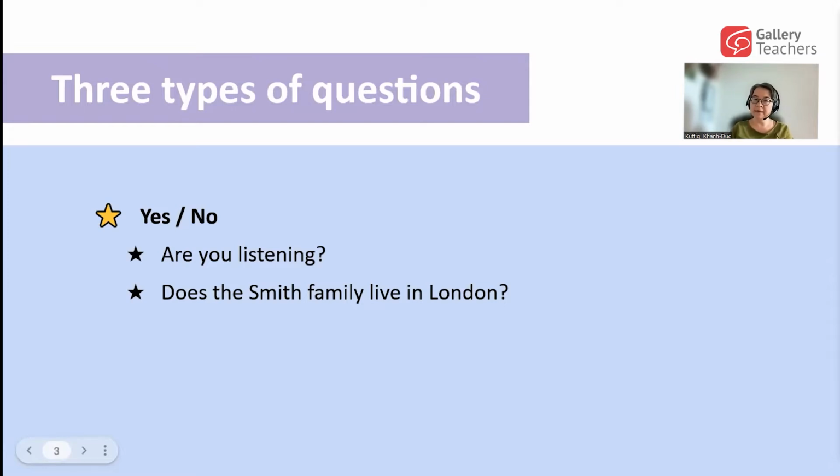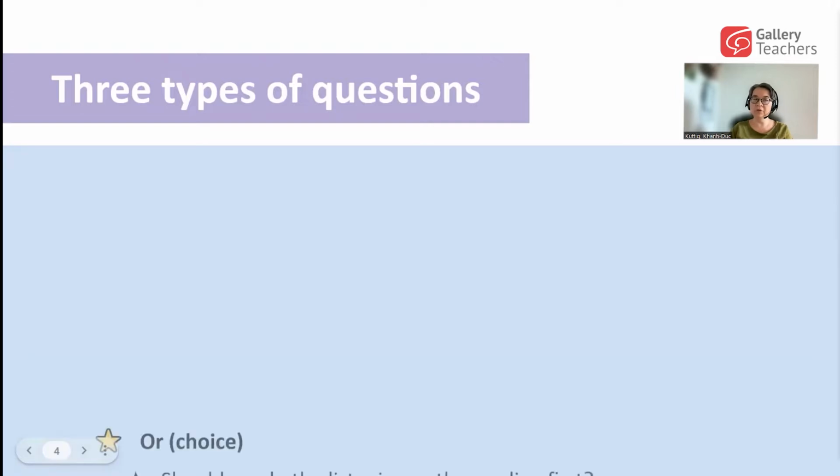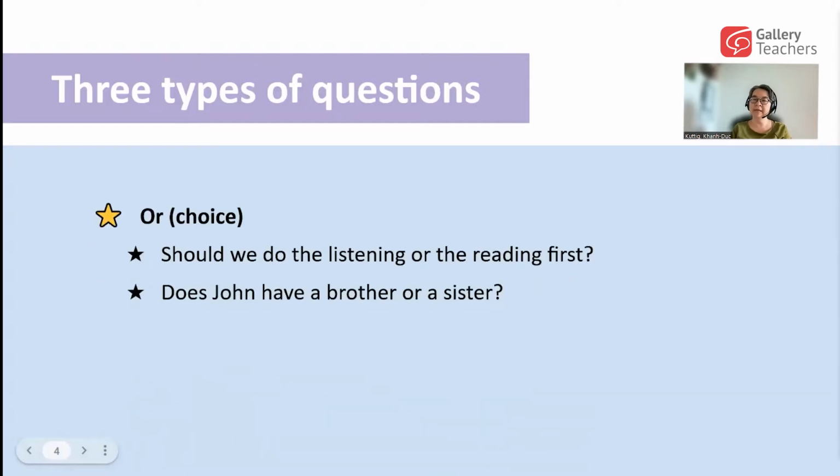The second type of question, which is also quite restrictive in their answers, are the or questions, otherwise known as the choice questions. If you want to give them autonomy in some of the classroom decision making, you could ask them, should we do the listening or the reading first?